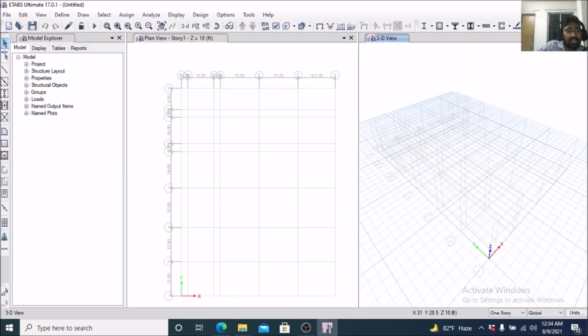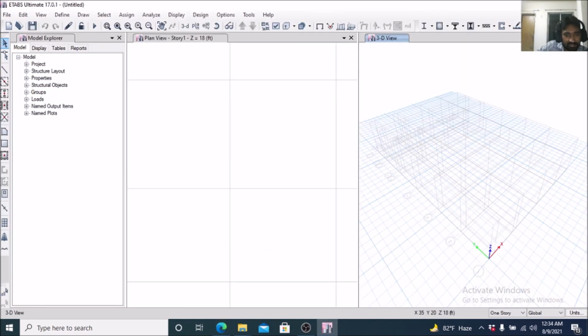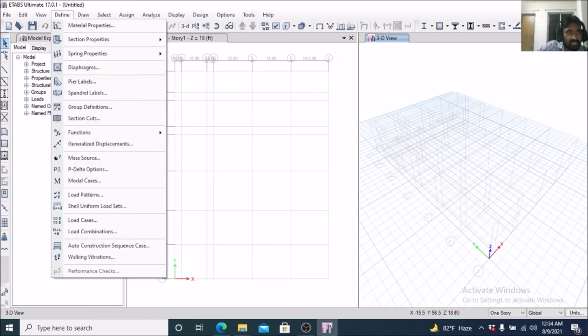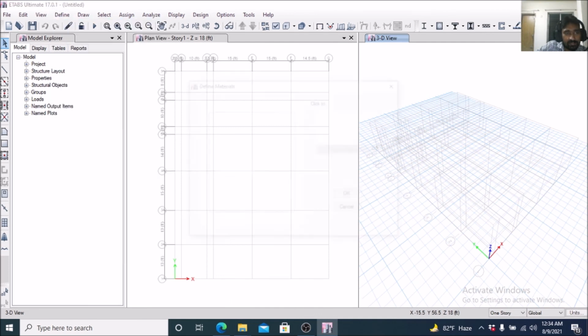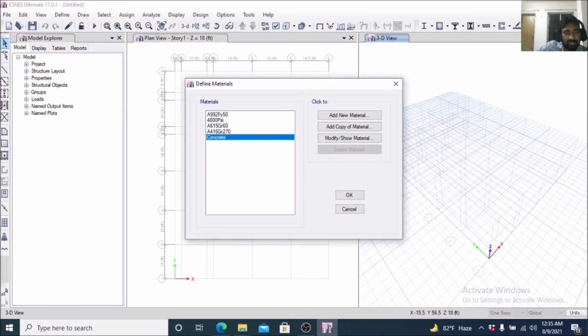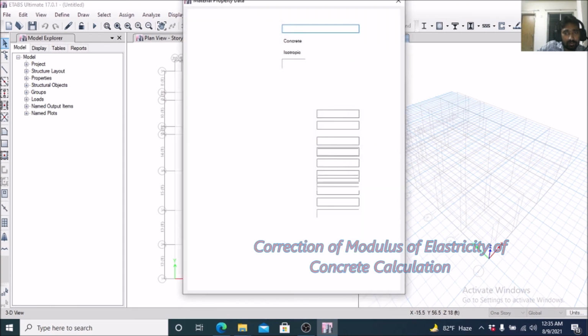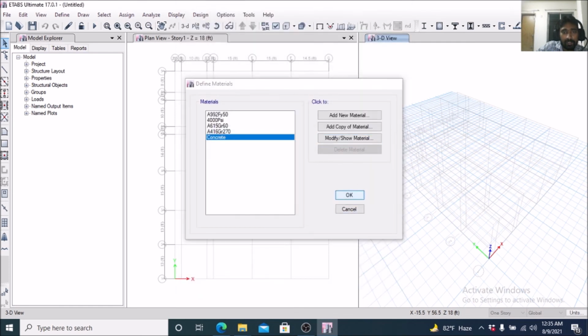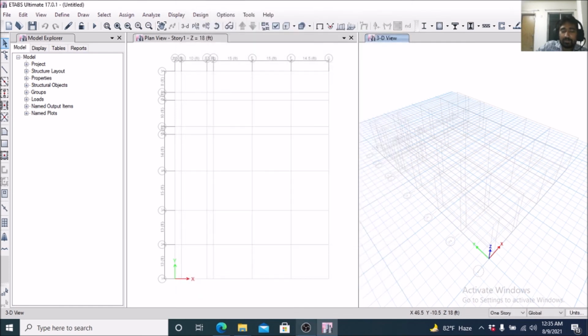And finally I have to correct one thing, that is in define material properties, concrete should be selected, and then modify or show material. And here is the modulus of elasticity. If the fc prime is 3500, the value should be 3372. Okay, then okay.